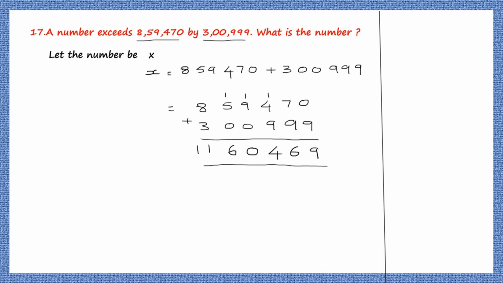So what is our number? Let's place the commas. So now our number is 11,60,469.